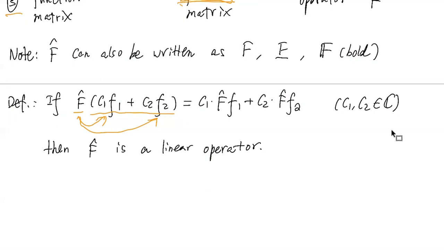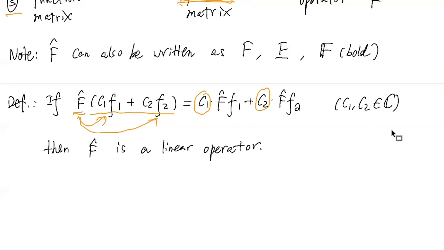Okay, this is actually a pretty straightforward definition because you see the F has this linear property. But one thing I think I need to emphasize here is that after you apply the F operator, you still get C1 and C2. You do not get C1, the complex conjugate. You do not get C1 star. You do not get C2 star. You still get C1 and C2.